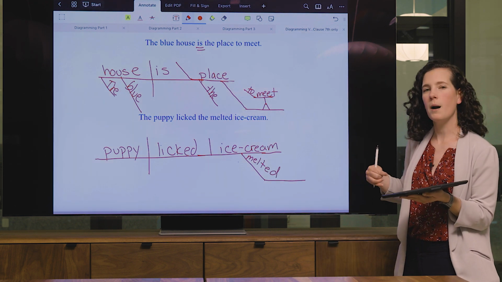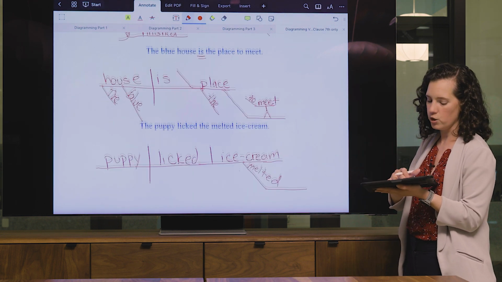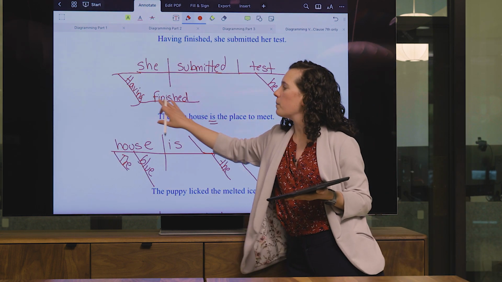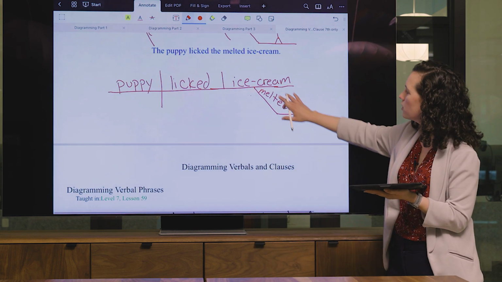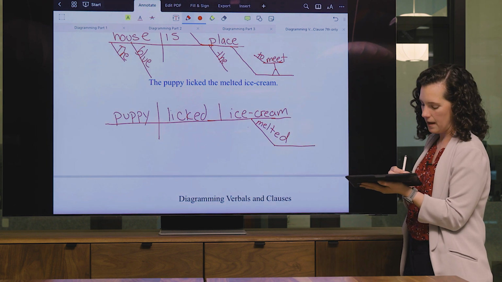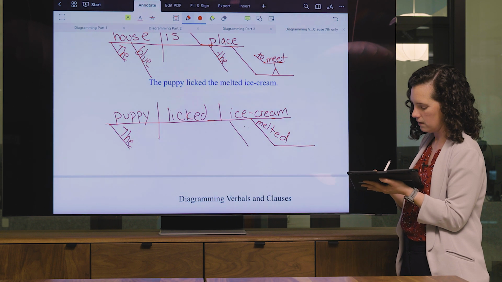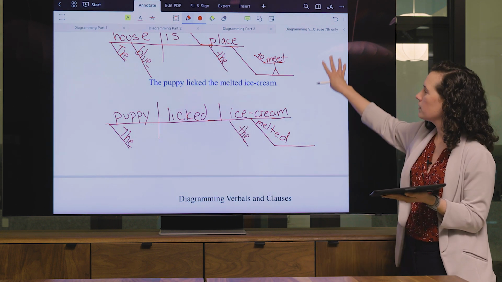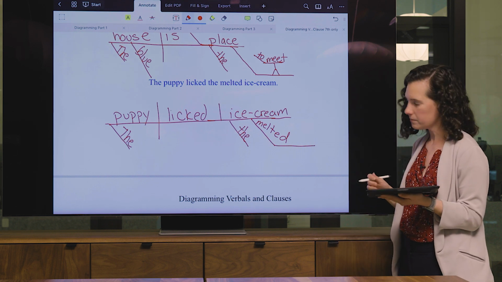This is how we're going to draw a participle that's an adjective and only 1 word long. When they're 2 words, you put 1 on each part of the line, but if it's only 1 word long, the melted ice cream, we draw it across. And then we have a few other adjectives to add, the. So this is how we add those verbals acting as adjectives.